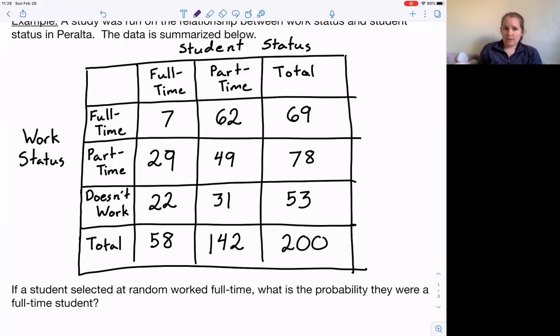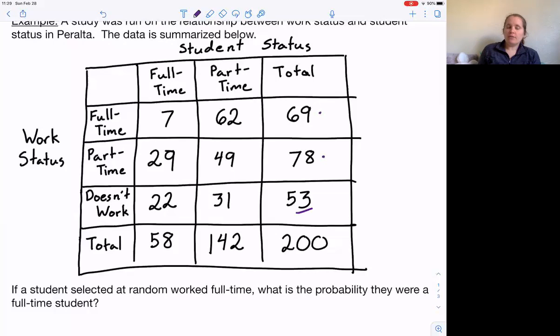So in total, we had 69 students that worked full-time, 78 students that worked part-time, 53 students that didn't work at all, for a total of 200 students.